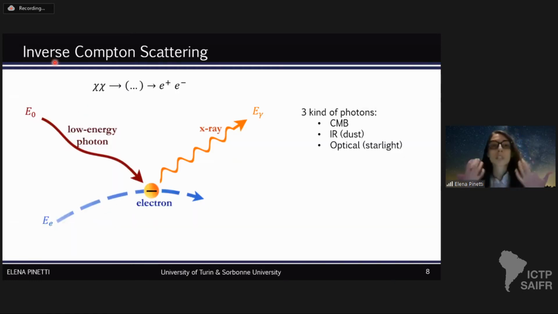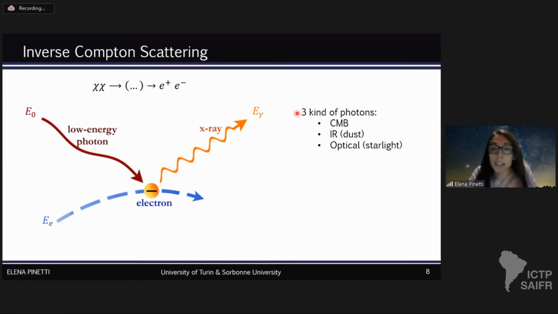Now, coming to the protagonist of our work, which is the inverse Compton scattering, let me quickly recall the physical process under consideration. We have dark matter particles everywhere in our galactic halo. They can annihilate and produce pairs of electrons and positrons. These electrons and positrons can propagate and scatter off the ambient photons in our galaxy.